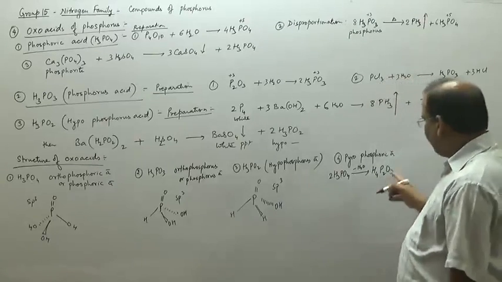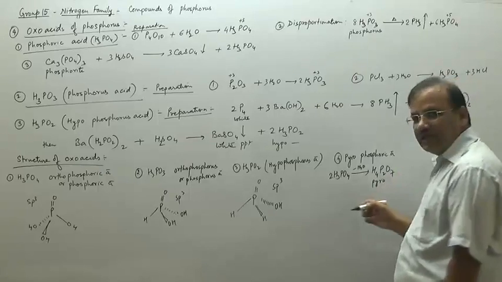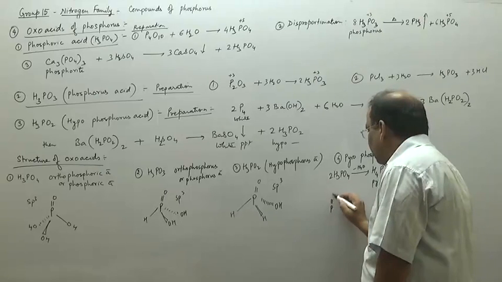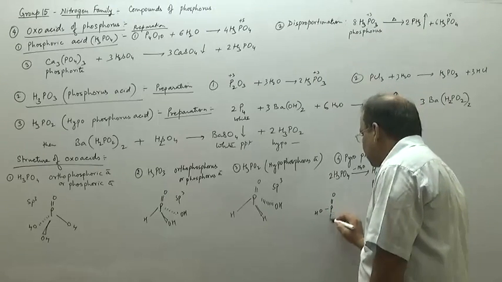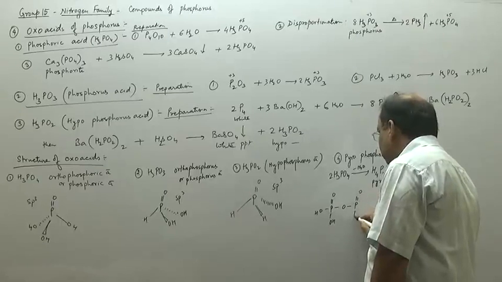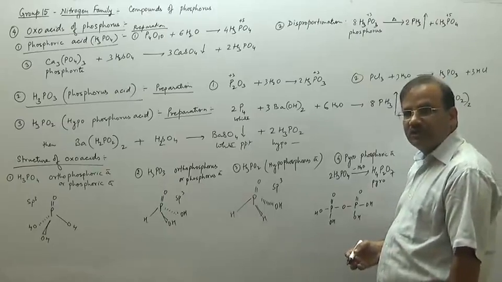That is the formula for pyrophosphoric acid. I'll write it like this: P double bond O, OH on this, and the structure is like this. So this is the structure of pyrophosphoric acid.